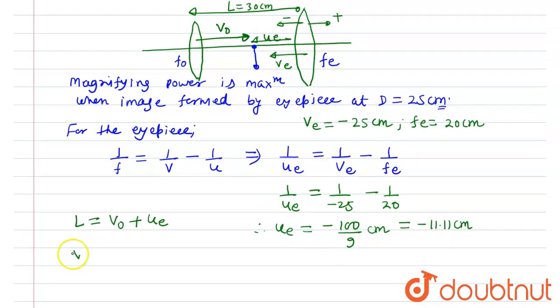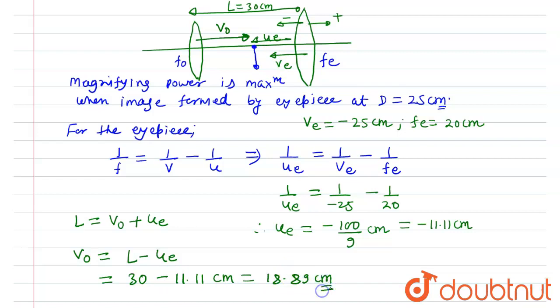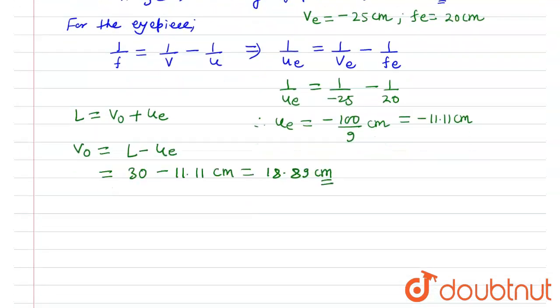Therefore, Vo can be easily found as L minus Ue. So L is 30 centimeter and the distance Ue is 11.11 centimeter. So this will be equal to 18.89 centimeter. Now we have to find Uo.